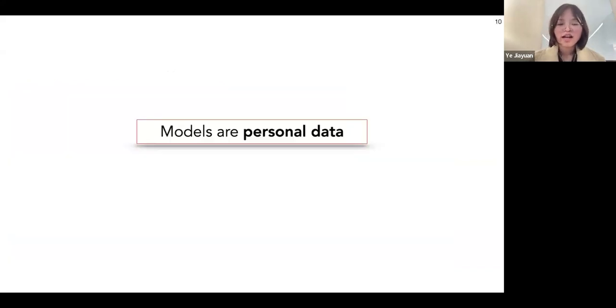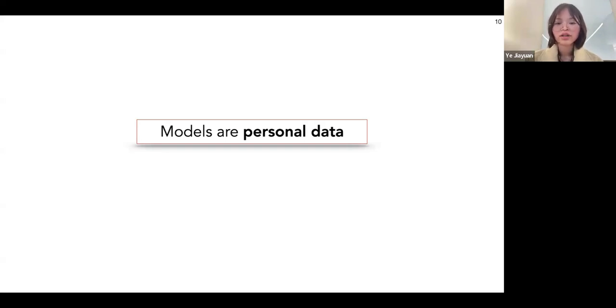So I hope I have convinced you up to this point that these indirect privacy risks do exist, and they can be quite severe depending on which settings you look at. All of these tell us models are kind of equivalent to personal data.